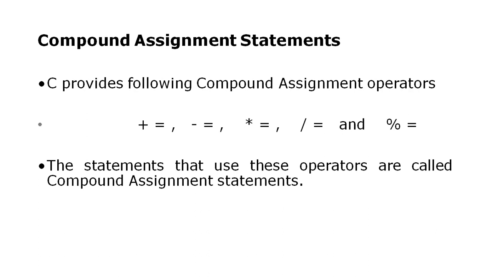C provides the following compound assignment operators: plus equal to, minus equal to, star equal to, slash equal to, and percentage equal to.